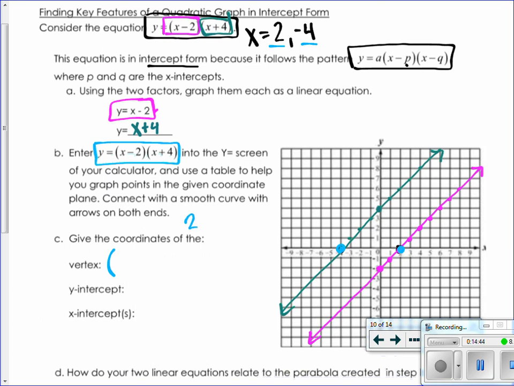If the intercepts are at 2 and -4, what number is in between 2 and -4? Add them together. Divide by 2. We know the x value of the vertex is going to be -1. So that's going to give you now at least a direction to look in your table for the vertex.